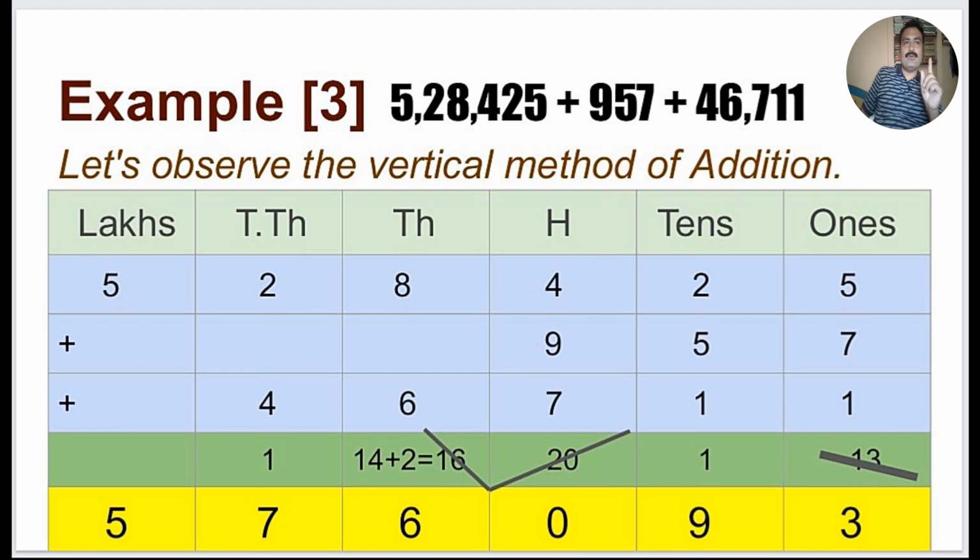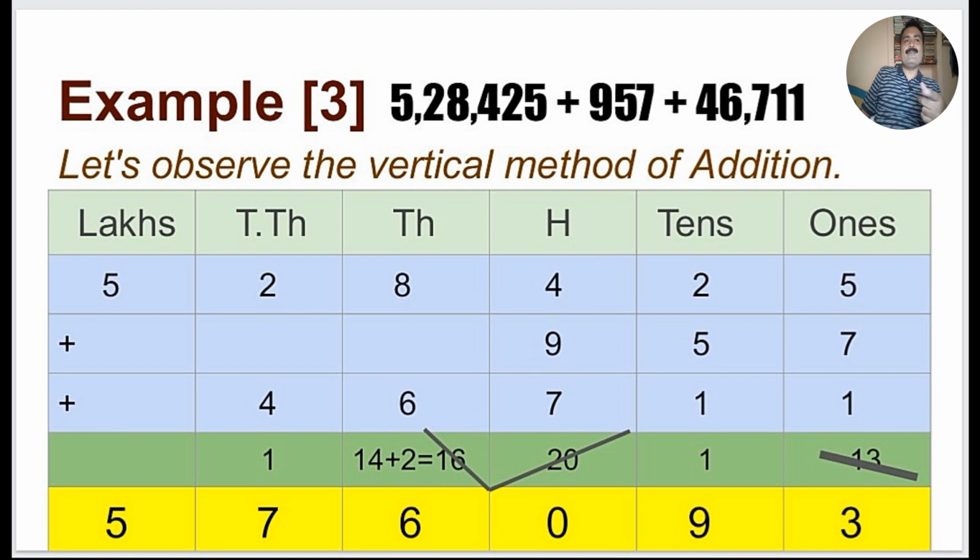If you arrange 957 in the opposite manner, that means first we arrange the ones place: 7 we write below 5 in the ones column, we write 5 in the tens column below 2, and 9 we arrange below in the 100 column, that is below 4 there. In this way we can arrange the second number properly.